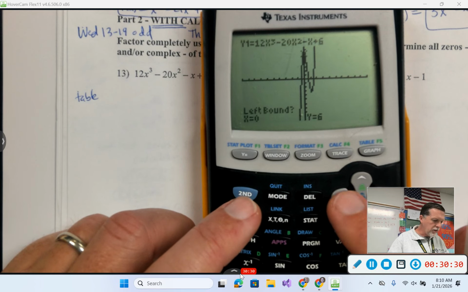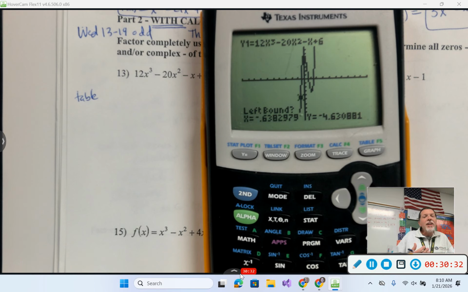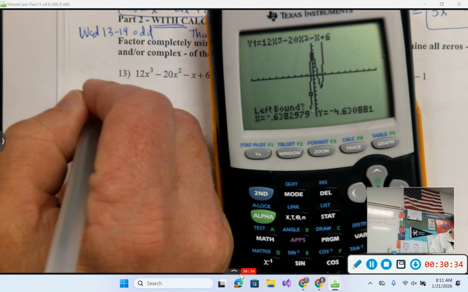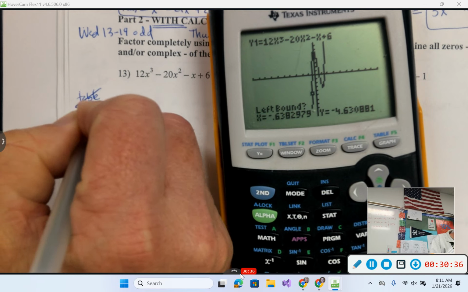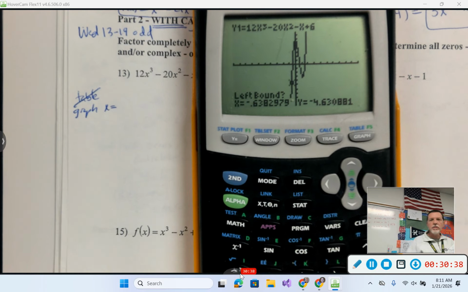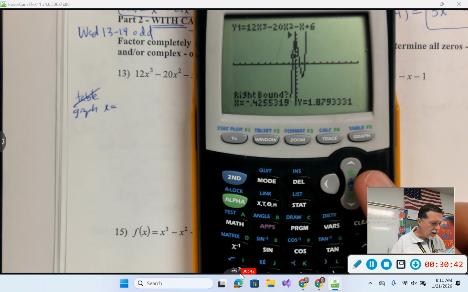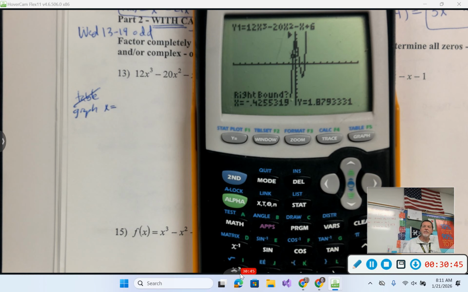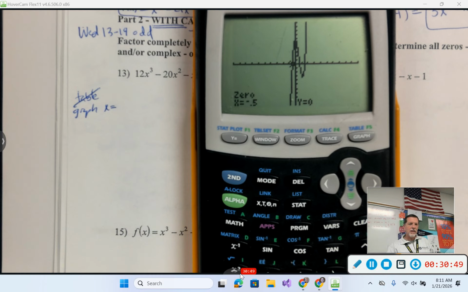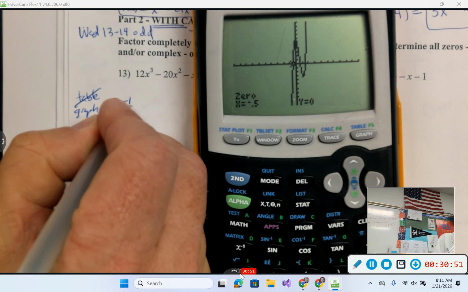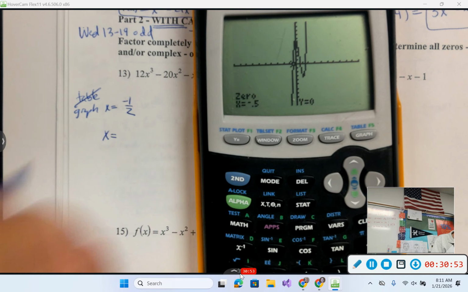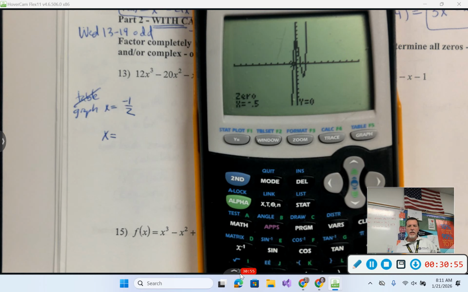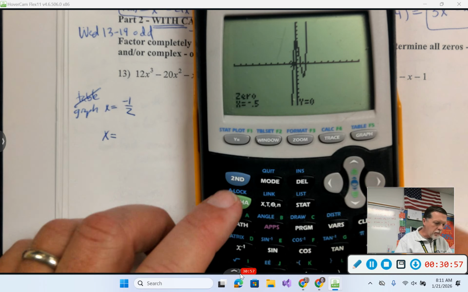Second Calc 0. Left bound. I want to find them in order, though you don't have to. So left of the leftmost zero, press enter. I only had to go one click over to get right of the 0, and then enter and enter again. Negative 1/2. And then I'm going to do the same thing for the next 2.